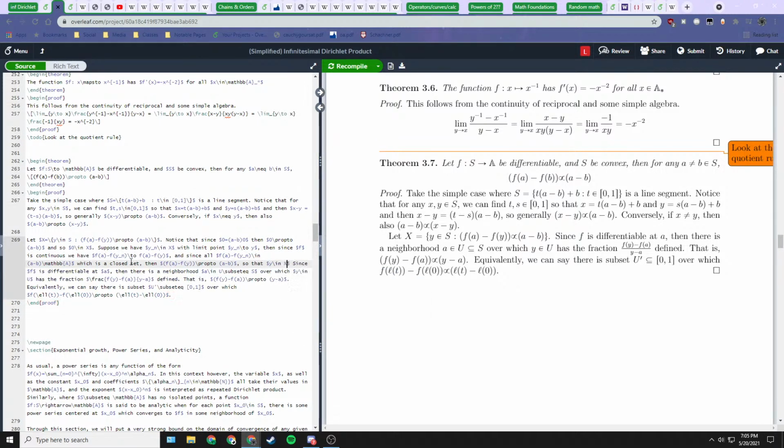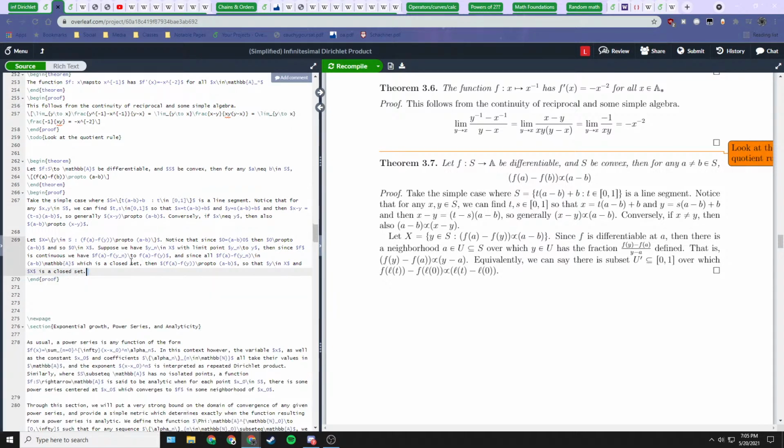So y is in X, and X is a closed set. So this proves that X is a closed set.